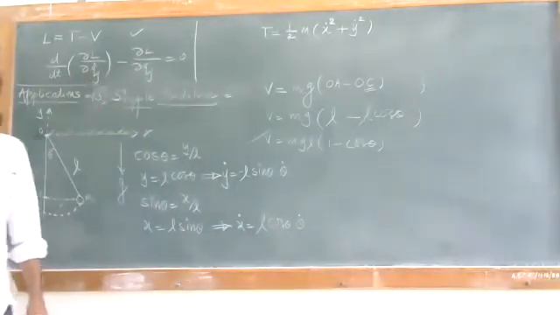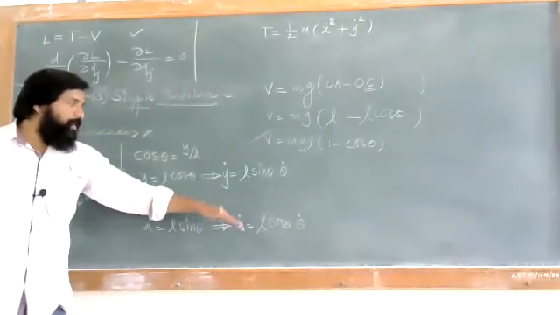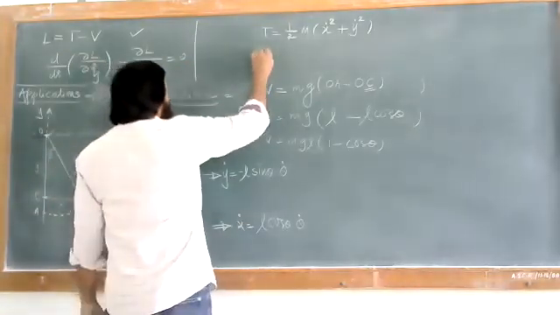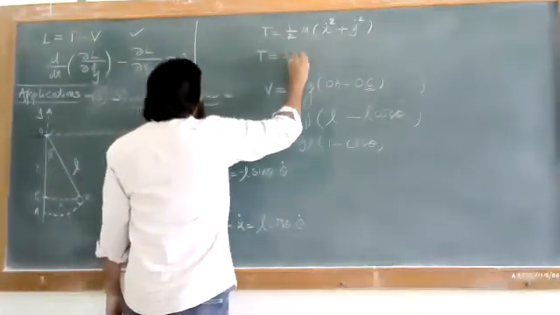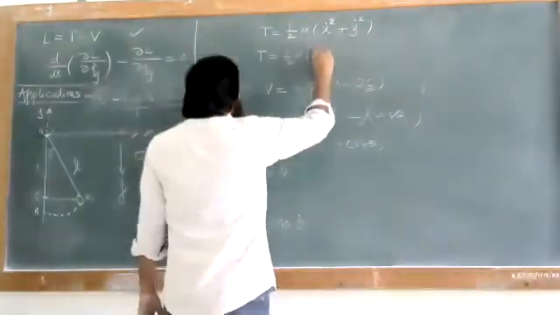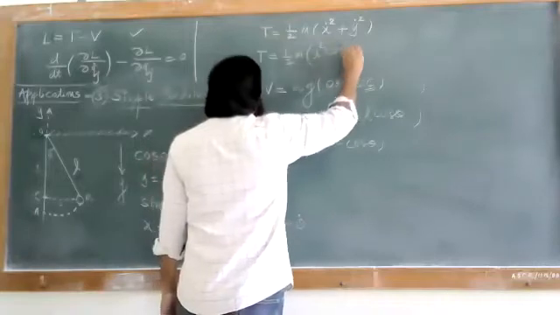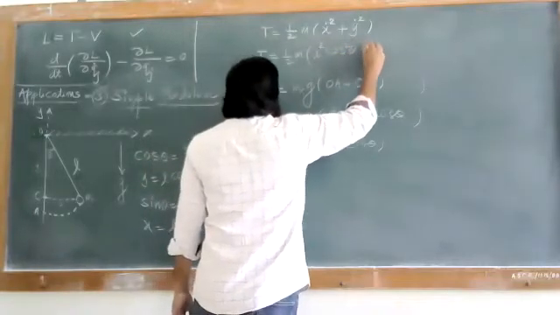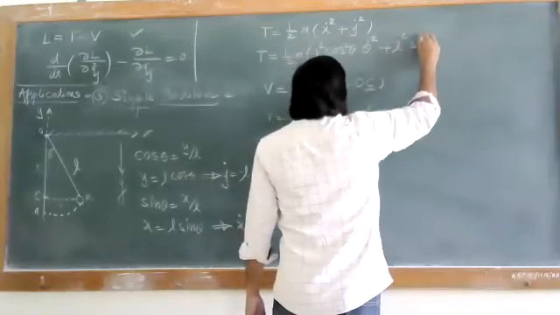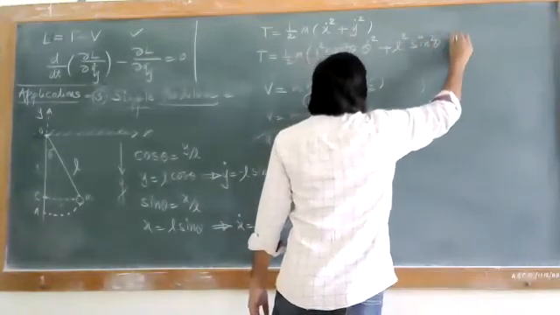So what do we have? We'll just put these values of x dot and y dot here, and we'll have the kinetic energy. I can write T is equal to 1/2 m into x dot square, which is L square cos square theta into theta dot square plus L square sin square theta into theta dot square.